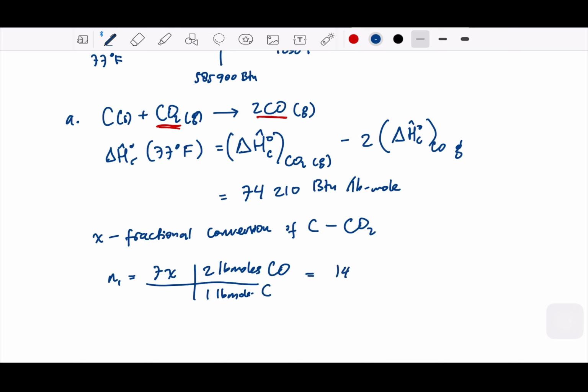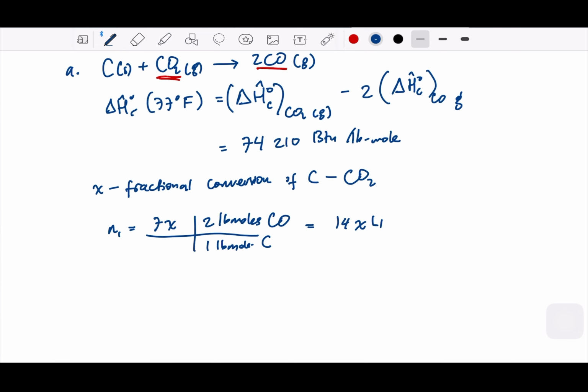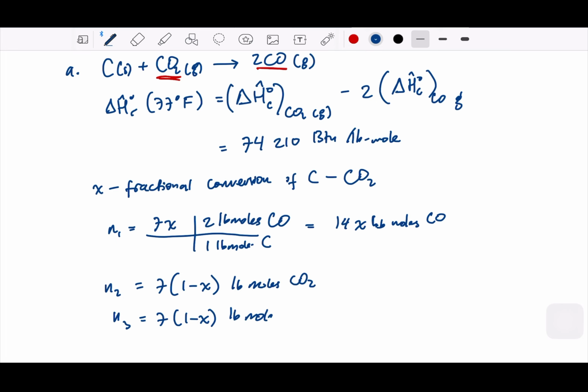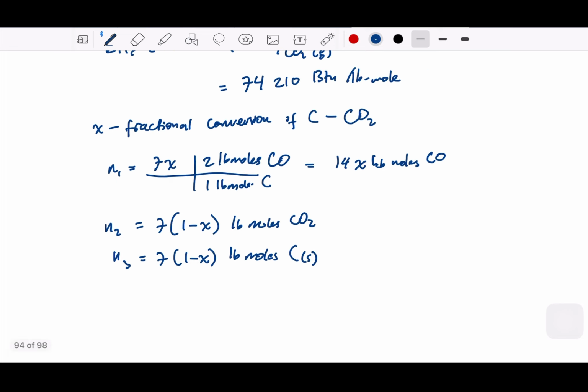It's supposed to be 14x lb moles CO, and N2 is 7 times (1 minus x), the rest of it, right? Lb moles of CO2. N3 is also the same, because they both have the same moles, the same compositions.